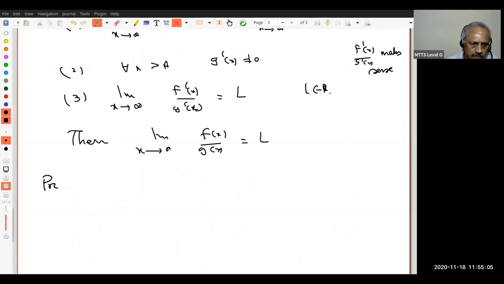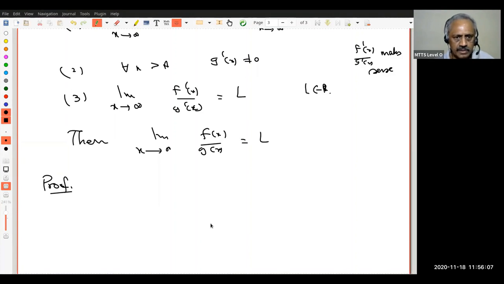Now let's start with the proof. Okay. So as I first said, what we are going to assume is the following. Let epsilon be given.